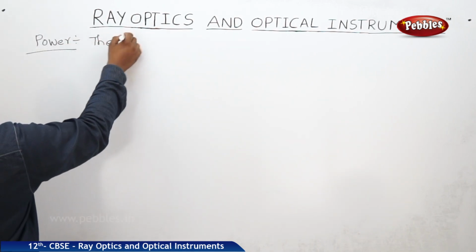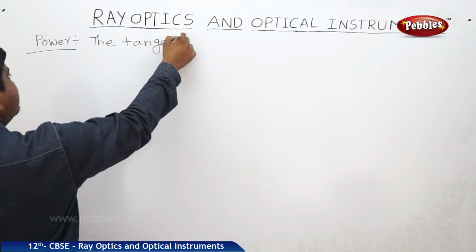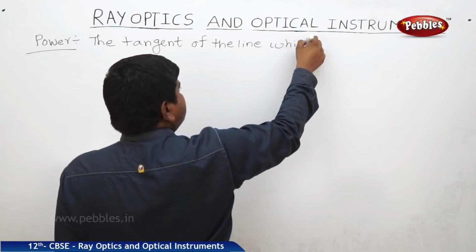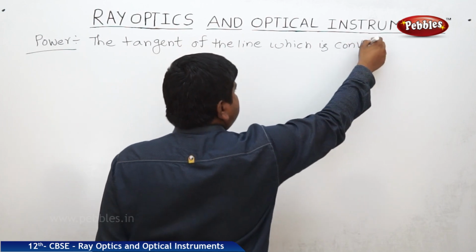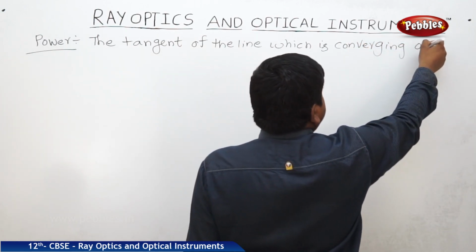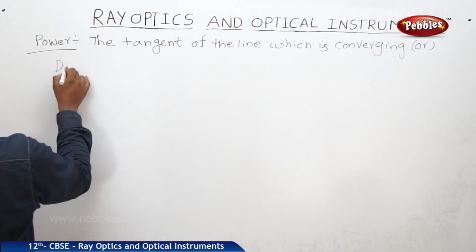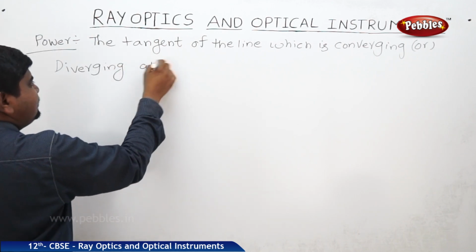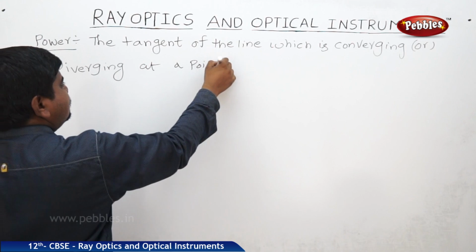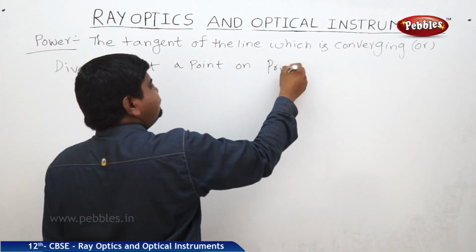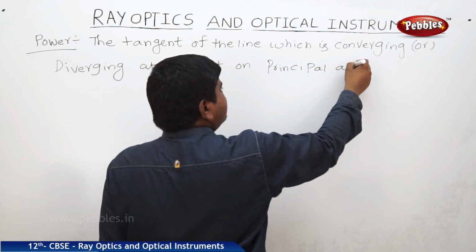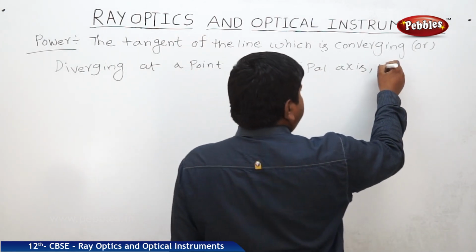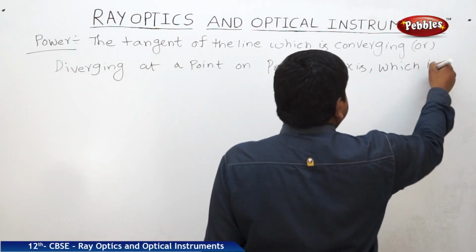The tangent of the line which is converging or diverging at a point on the principal axis, and this point is at a unit distance.